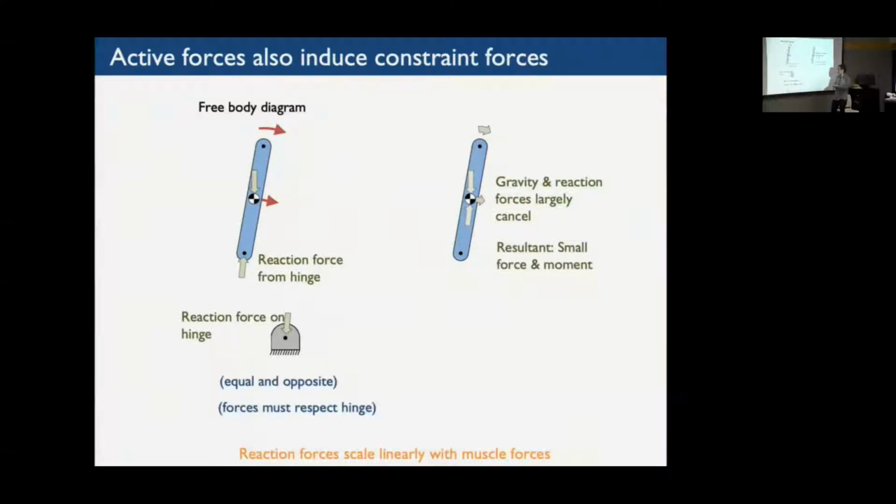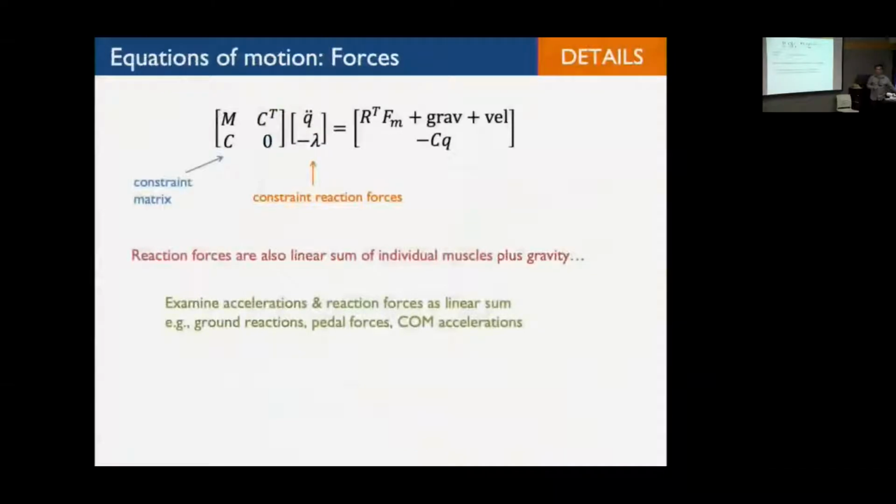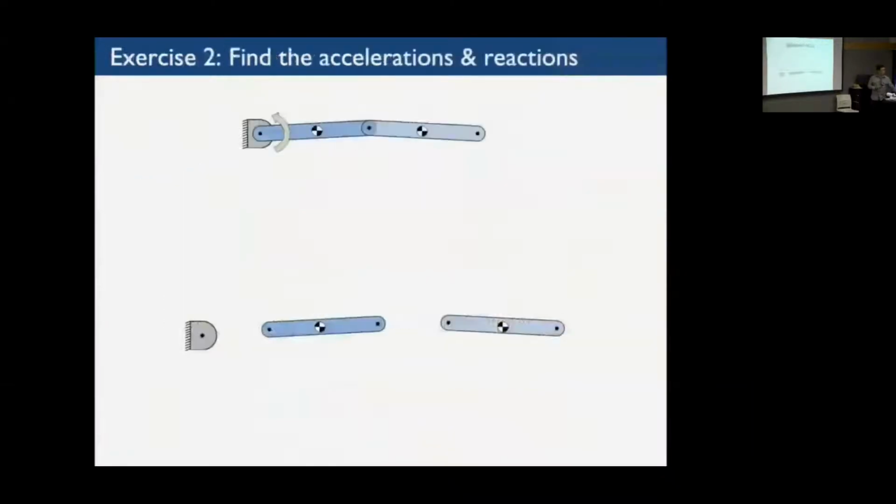And so that means that the constraint forces or reaction forces are also linear in your applied forces. And therefore, the same thing that you do with accelerations, you can do with reaction forces. You can break down what happens from an individual muscle, say, to get a muscle-induced reaction force. Okay, here's some details, which we're going to skip, but they're there for reference.